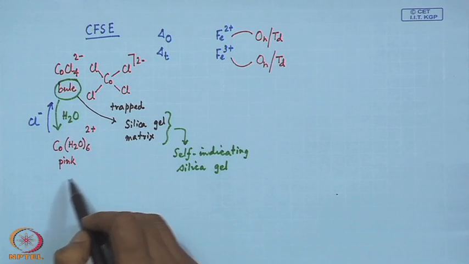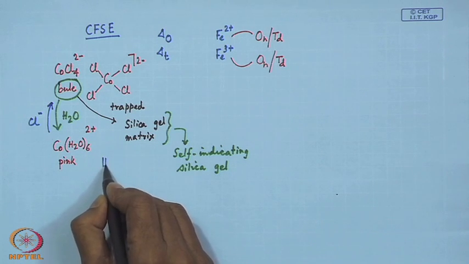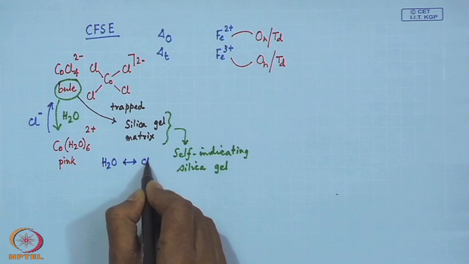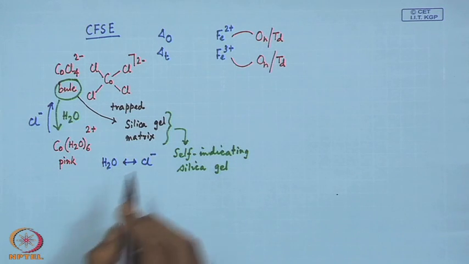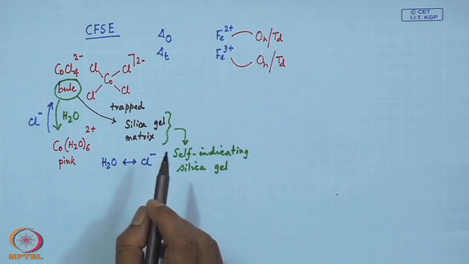It cannot leave the corresponding silica gel matrix, but it will have only competition with the water molecule with respect to Cl minus. So, Cl minus will be still there, but it is not coordinated to the cobalt center.